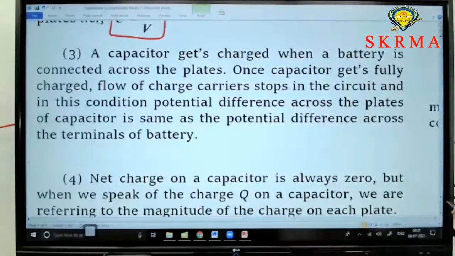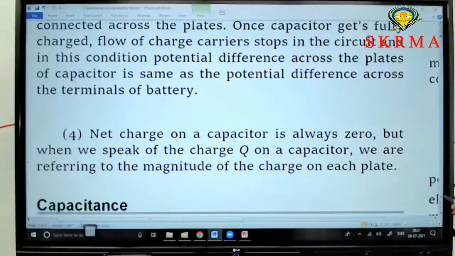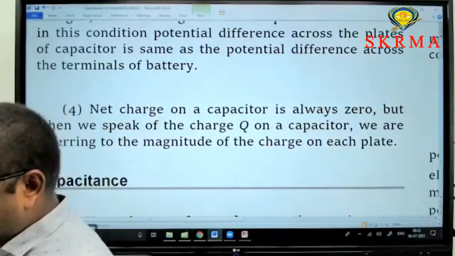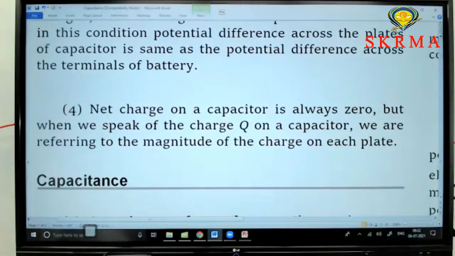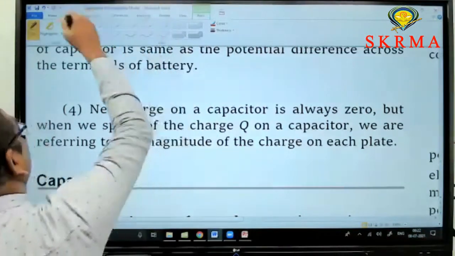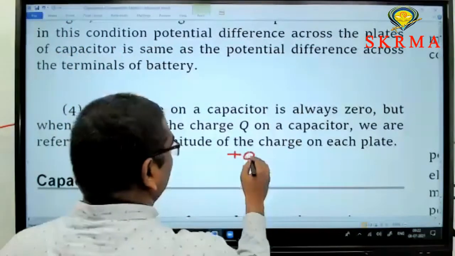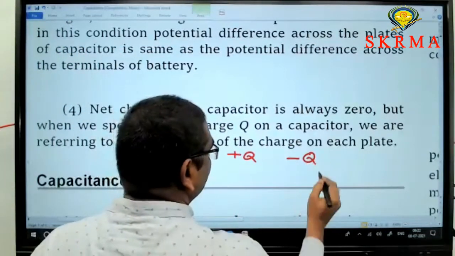Next, what is the net charge across the capacitor? On one plate, charge plus Q is there. On the other plate, minus Q will be there.